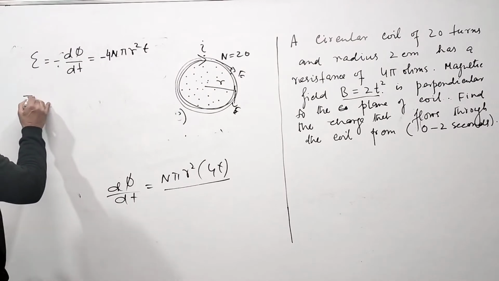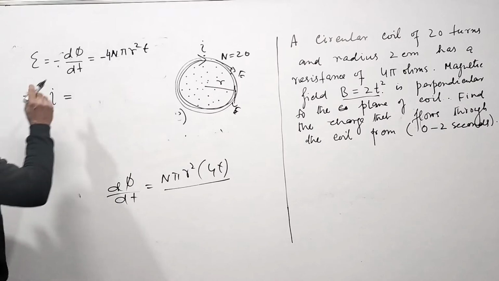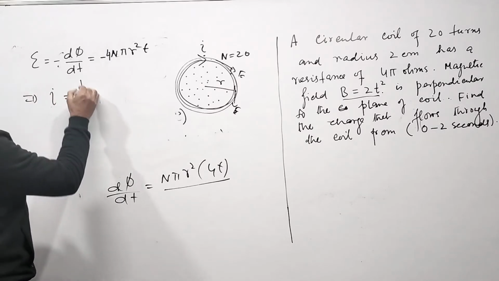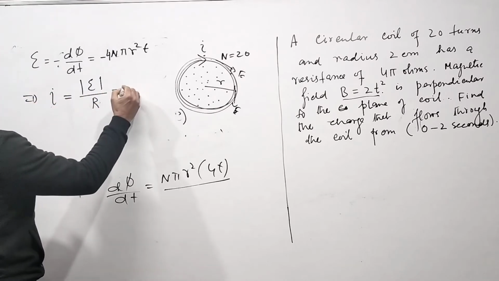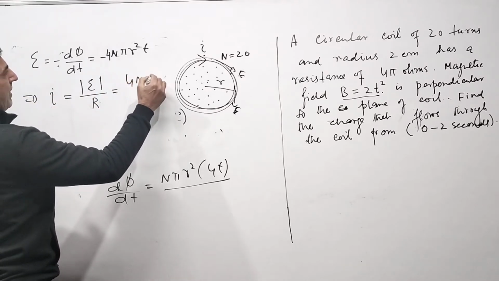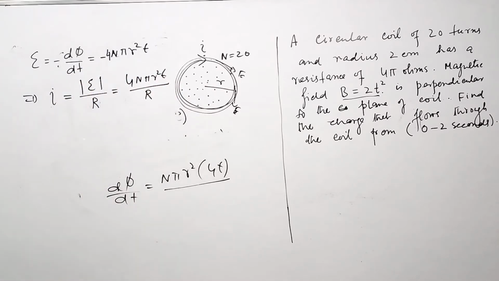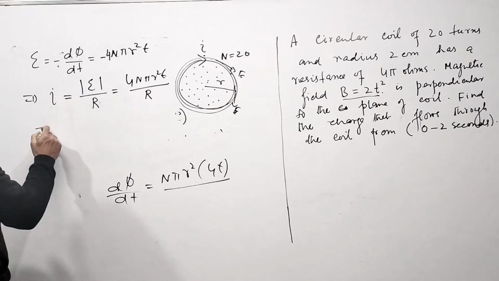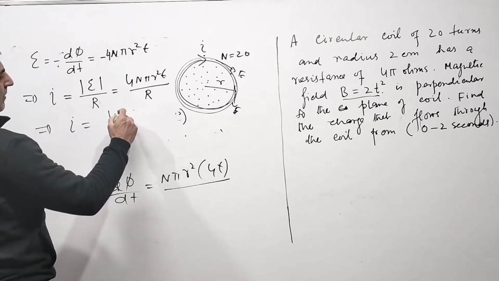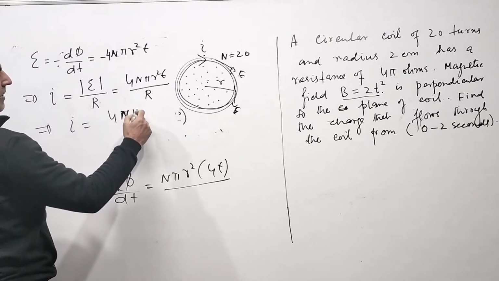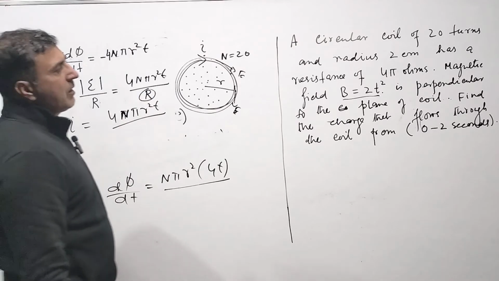Okay, now how much is the current? How much is the current that is induced by resistance? That is 4n pi r square t divided by R. Now current is equal to 4n pi r square t divided by, what is the resistance of the coil?